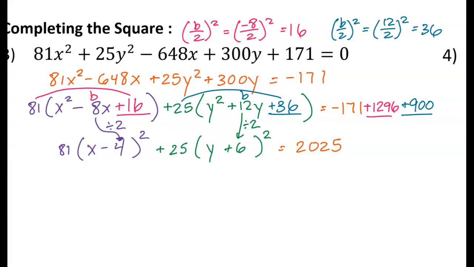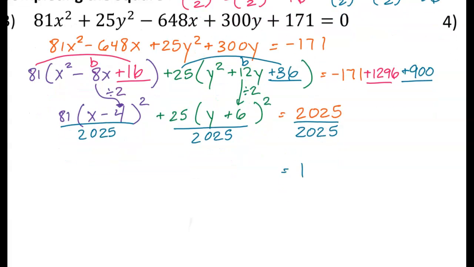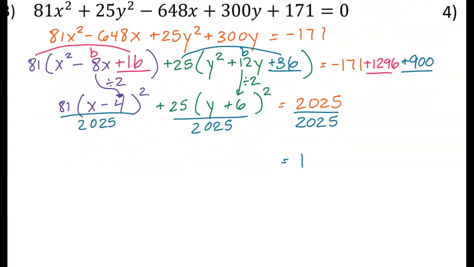Yes, oh my gosh, my last period, it took a bit to get there. Exactly. We divide everything by 2025 because 2025 divided by 2025 will give me 1. Now, if you did this whole process correctly, you should always end up with a denominator that is the same as the other term's coefficient.